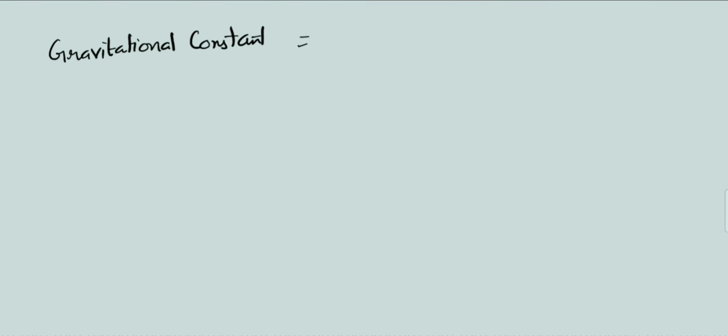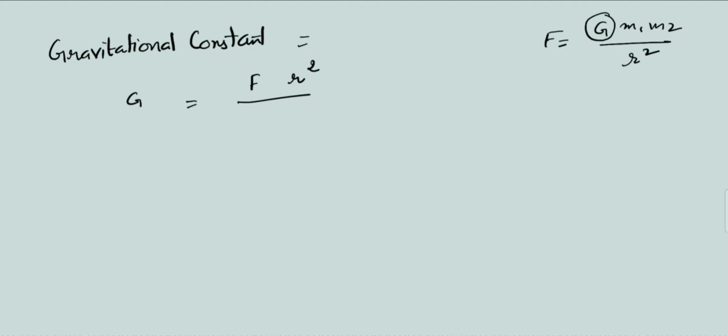Now let's see the dimensional formula for the gravitational constant. So we know that gravitational force F is equal to G m1 m2 divided by r squared. So from here we can find that G is equal to force multiplied by distance squared divided by m1 and m2.